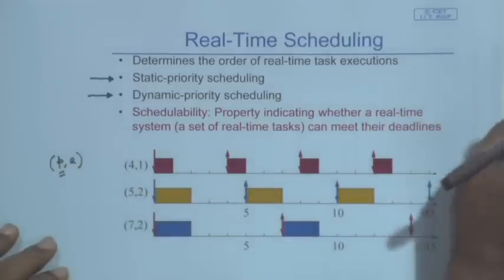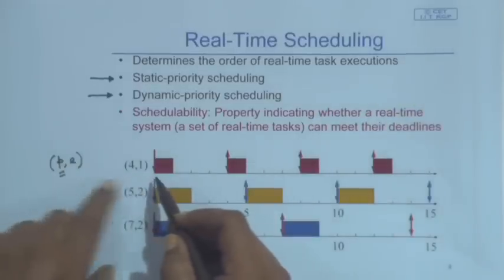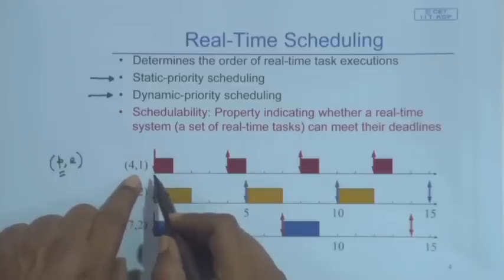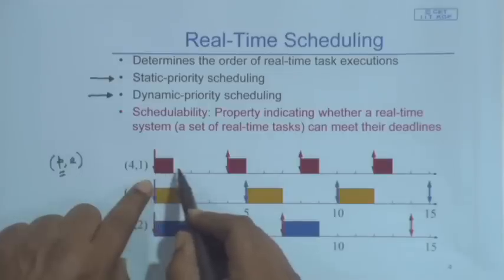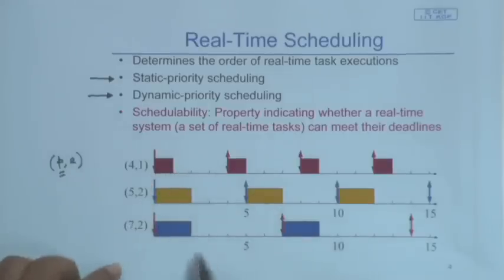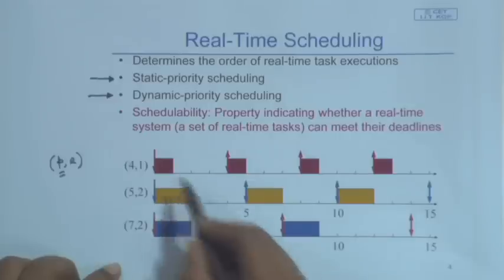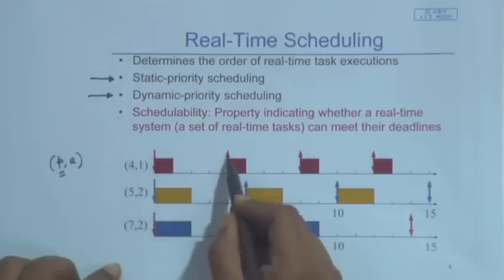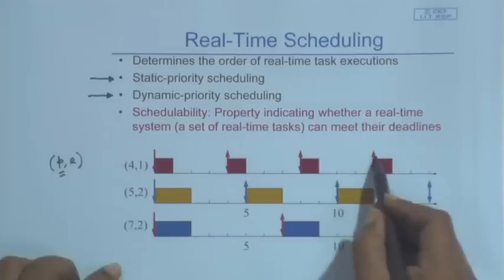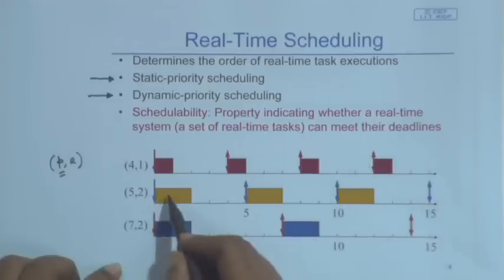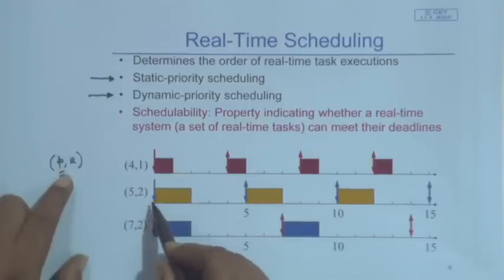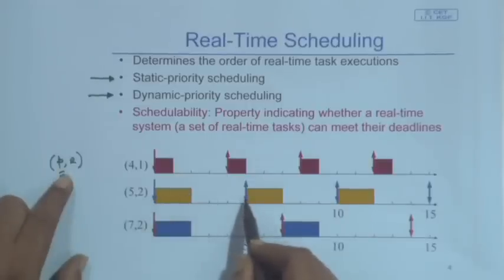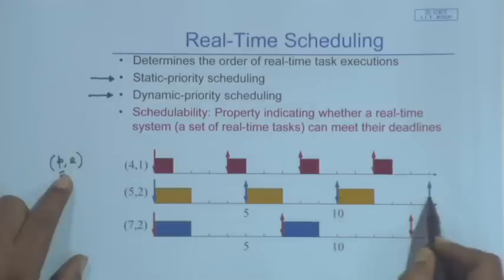For this job the period is 4, that means after 4 units of time it appears again. Here are my time charts. So, it appears here, then here, then here, then here, after 4 units of delay. This one has an execution time of 2 units and its period is 5. 1, 2, next appearance, next appearance, next appearance.